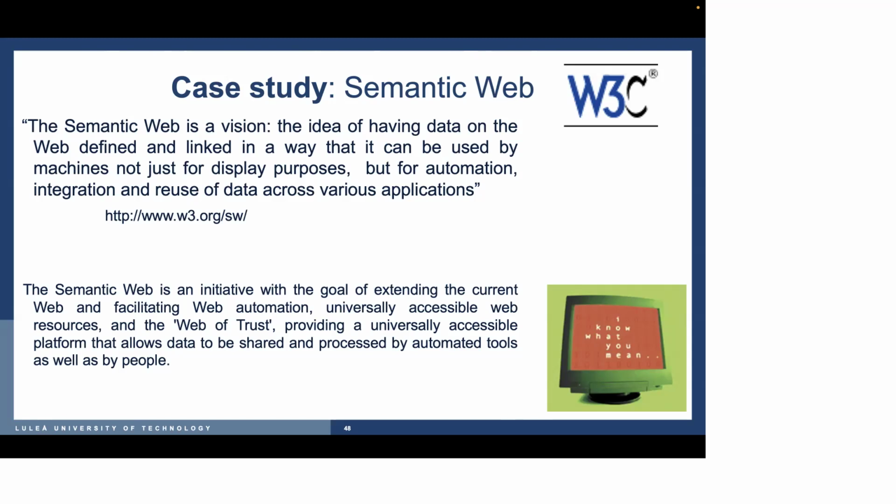So first, there was an obvious understanding that there is plenty of information which appeared in the World Wide Web. Service-oriented architectures were already in place, so web services, so that was all in action.